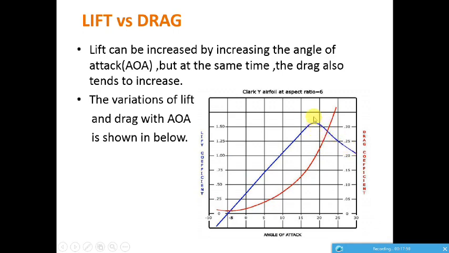So this point is called the maximum angle of attack point or stall point. If we increase angle of attack beyond this, then the aircraft stalls. That means that the lift of the aircraft is lost suddenly.